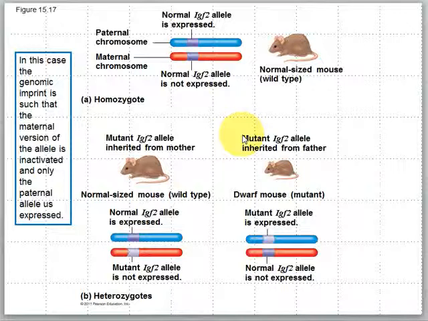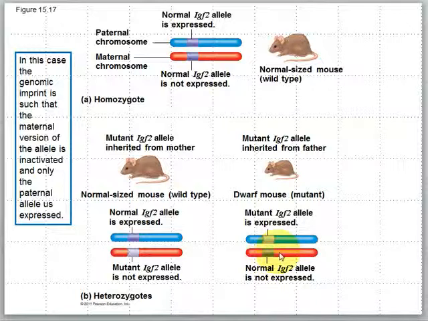The mutation causes a dwarf mouse, a smaller sized mouse. So here we have two different mice, two different offspring, and they are heterozygous. In this case, this mouse got the normal gene from dad and the mutant gene from mom. This mouse got the mutant gene from dad and the normal gene from mom.